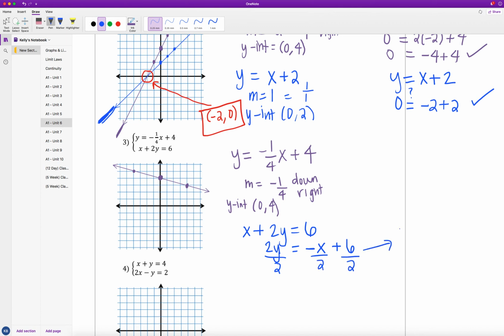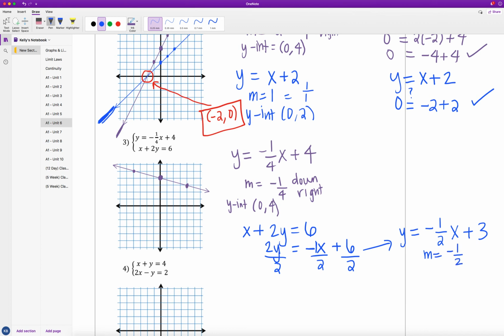What I end up getting then is y equals negative 1 over 2 times x plus 3. And the reason we're getting that 1 over 2 is, remember, there is technically an invisible 1 here in front of the x with that negative sign.